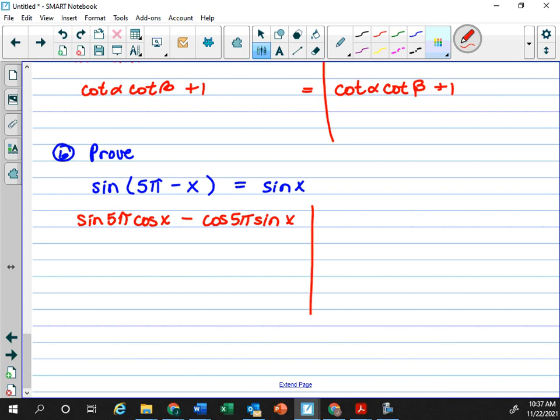Okay, on your unit circle, you're going around. It's 1 pi, 2 pi, 3 pi, 4 pi, 5 pi, okay? What is the sine of 5 pi? 0. Good. So I've got 0 times the cosine of x minus, what is the cosine of 5 pi? Negative 1.